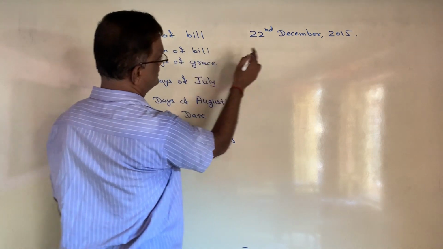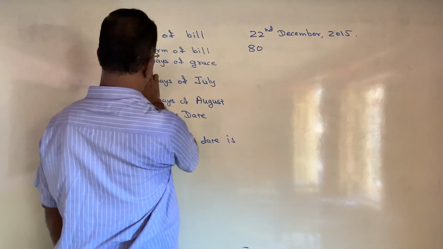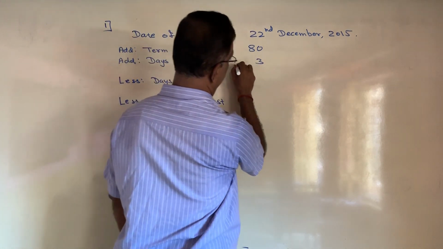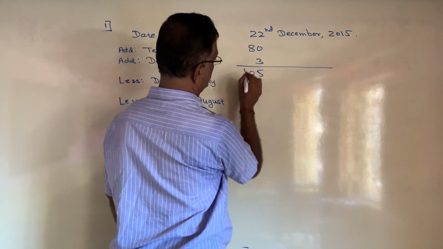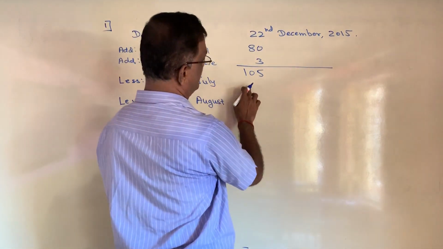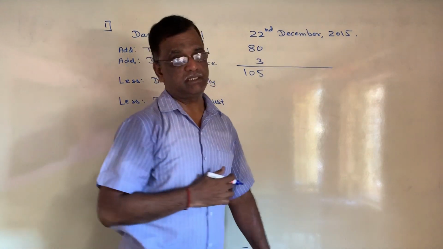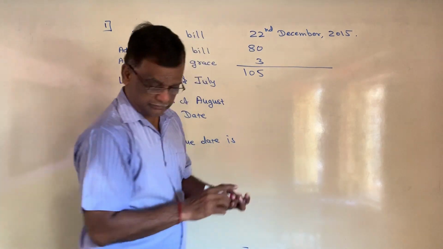So the term of the bill is 80 days. 80 you have to add here. Similarly, you have to add 3 extra days every time. Don't forget. 3 plus 2 is 5, 8 plus 2 is 10. 105 is the total. From this 105, you deduct the total number of days in December. How many days are there in December in total? 31. So days of December you have to deduct.